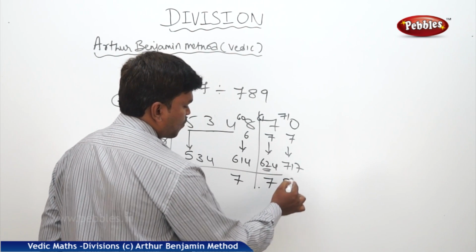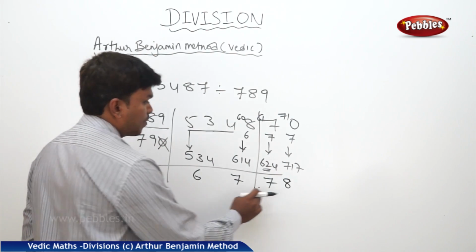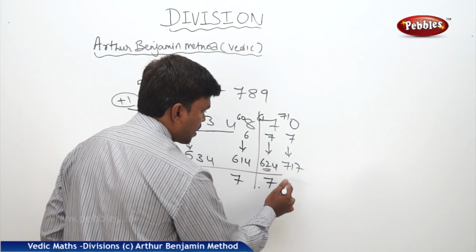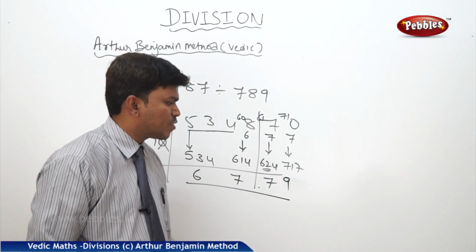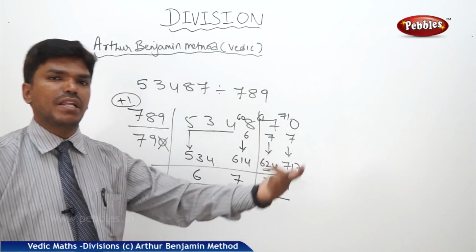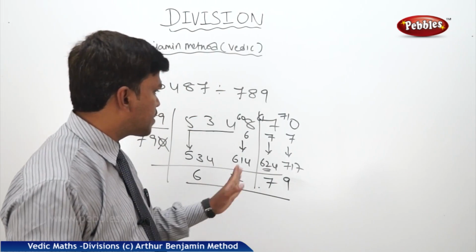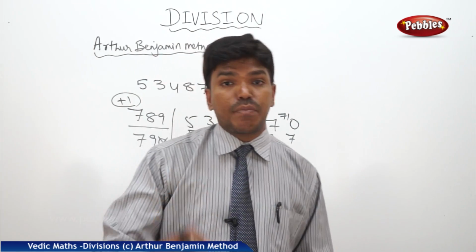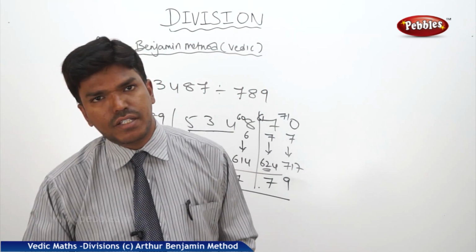So what is my answer? 67.79. The double digit after the decimal point may be approximate, but even so we are getting this much of the answer. So our answer is 67.79. Even triple digit we can do like this, just by using the tables until 100 in the mind.